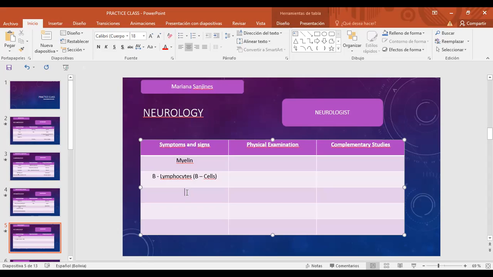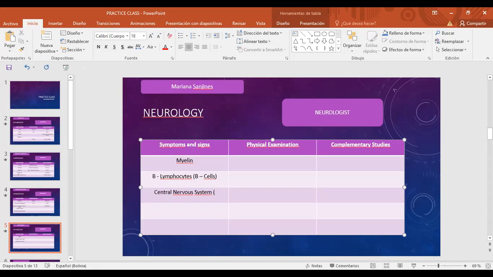Okay, so you told me it's a disease that mainly affects the central nervous system, right? Central nervous system, and also the peripheral.